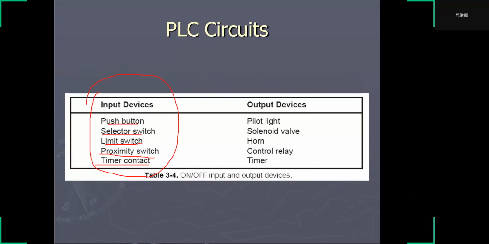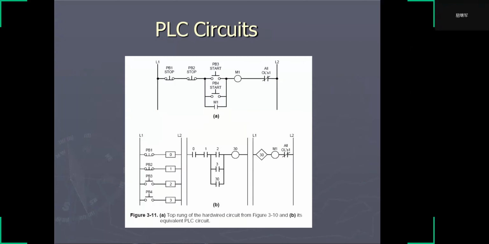Output devices are pilot light, valve, horn, relay, control relay, and the timer. The timer is the output device; the timer contact is an input device.